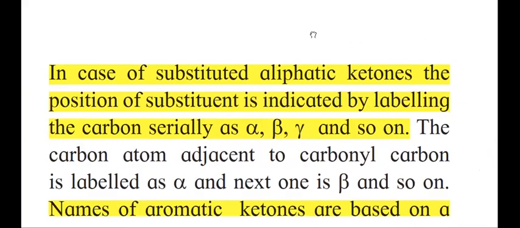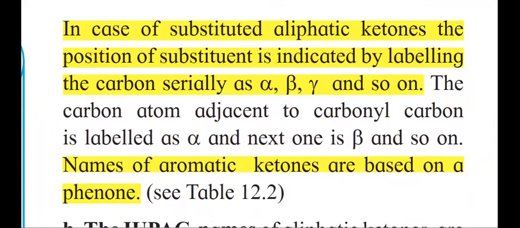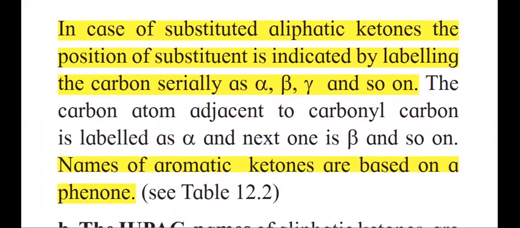In the case of substituted aliphatic ketones, substituted means there is a substitution in that chain. The position of the substituent is indicated by labeling the carbons serially as alpha, beta, gamma, delta, epsilon, omega, as we have seen for aldehydes and ketones.